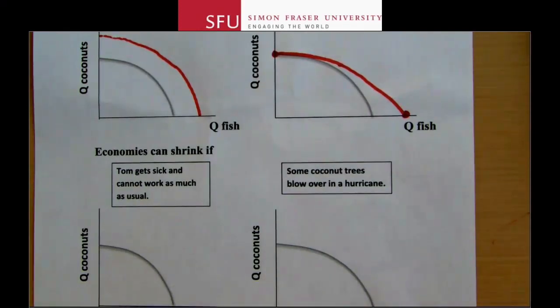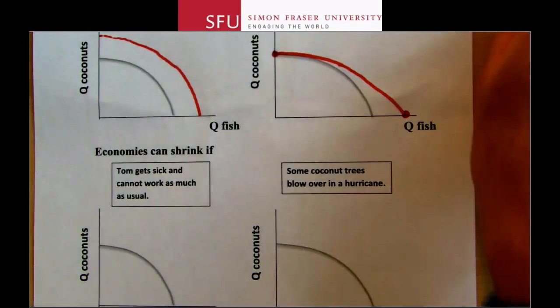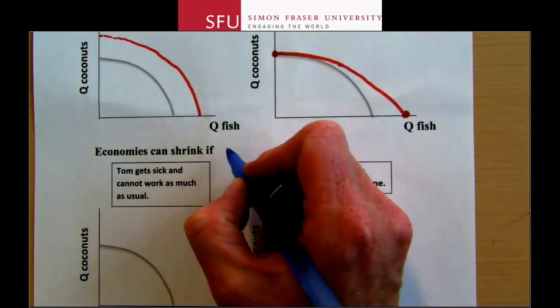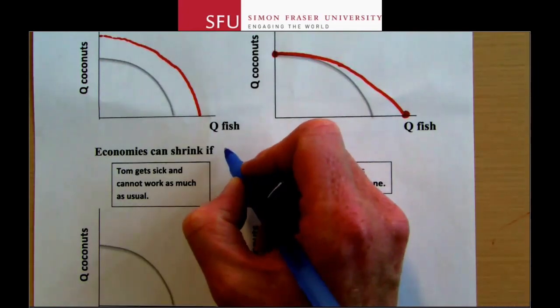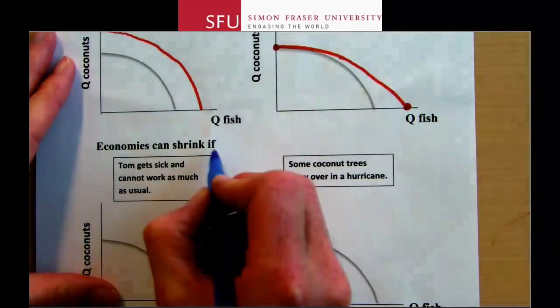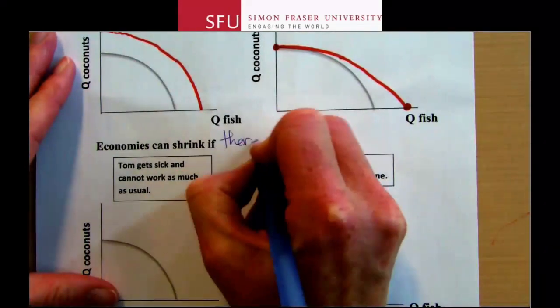Economies can shrink if, okay, so the opposite, now technology will probably never go backwards, but definitely resources could decrease. So economies can shrink if there is a decrease in resources.